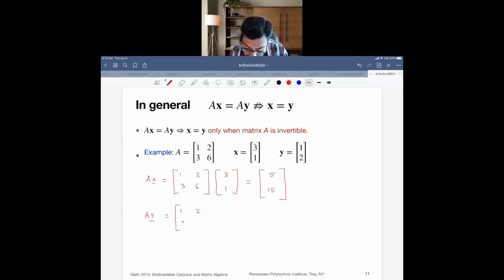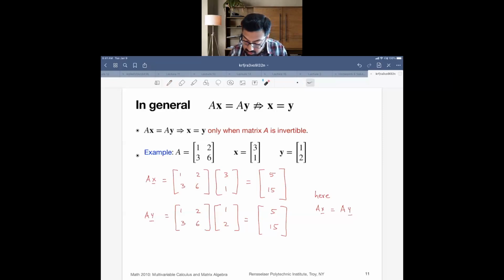A is the same, and Y is 1 and 2. What do you get? You get 1 plus 4, 5, 3 plus 12, 15. So you see over here, AX equals AY.